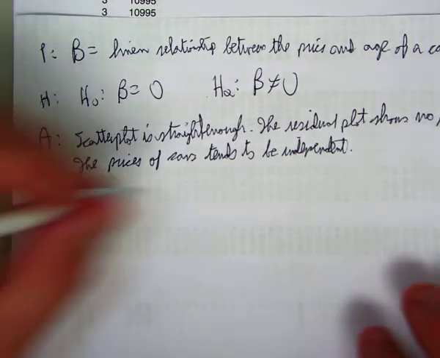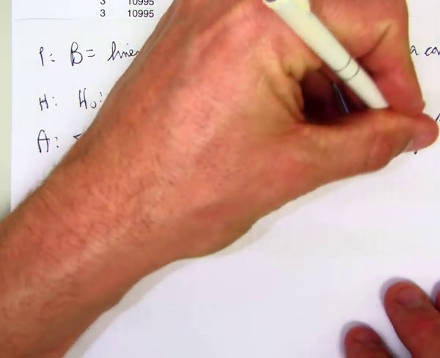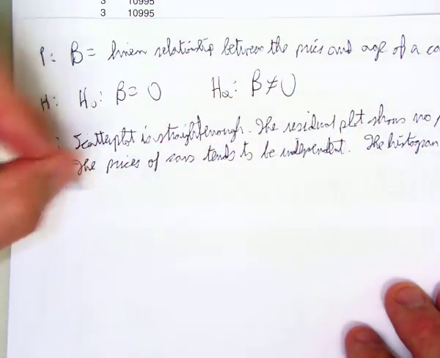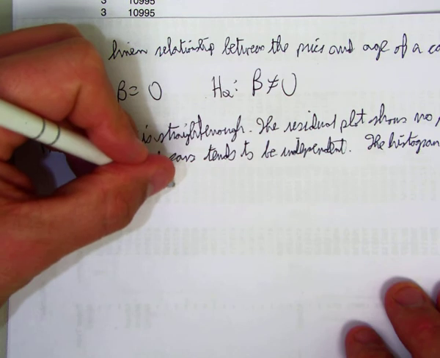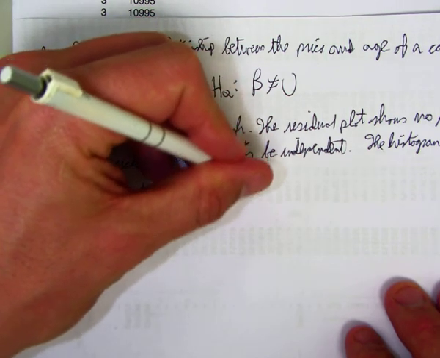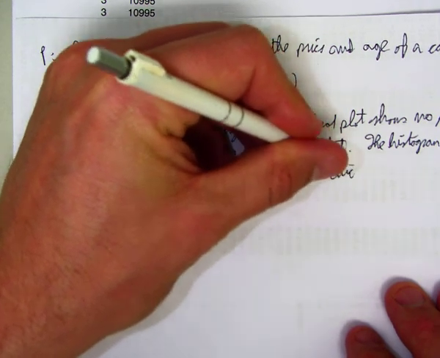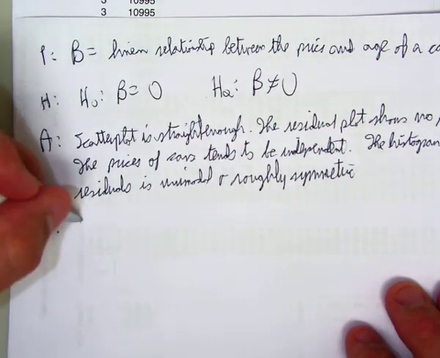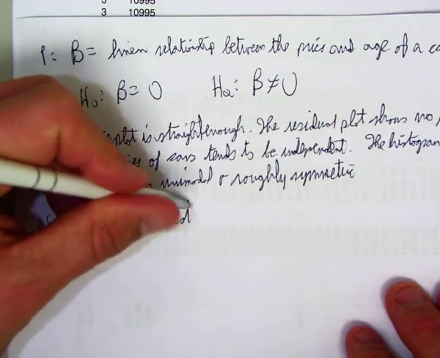And then the histogram of the residuals is unimodal and roughly symmetric. Name the test. This is a linear regression t-test.